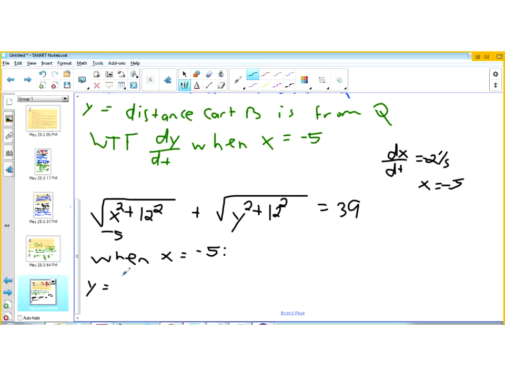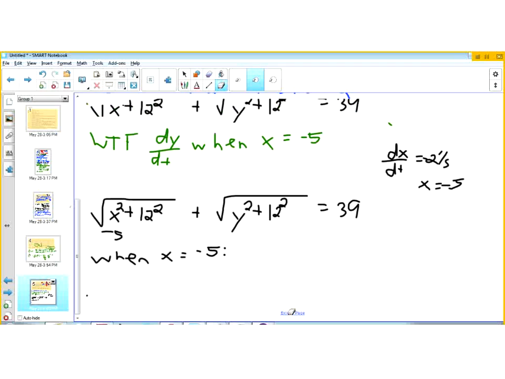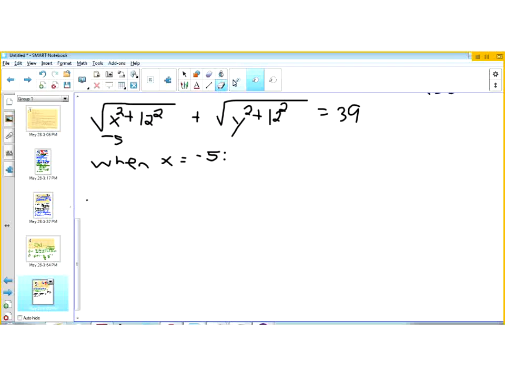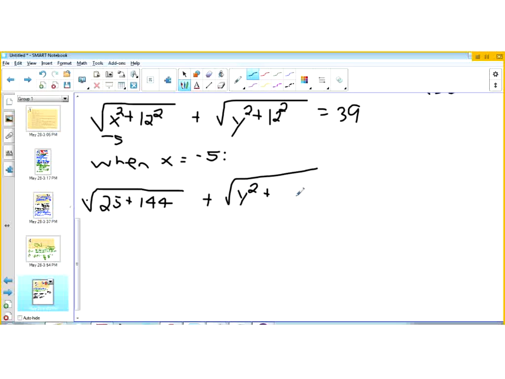Obviously, y is going to be positive, because it's to the right of the origin. I guess I'll step through the algebra. If I plug in -5 for x, we have the square root of 25 plus 144, plus the square root of y squared plus 144, equal to 39.